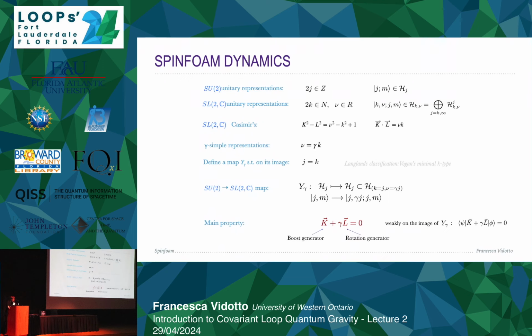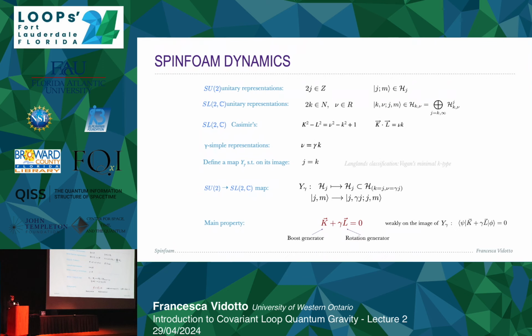And I can define a map that I call Y and is labeled by gamma. And what this map does is exactly to connect representations of SU2 and map them into representations of SL2C, where, as I said, when I work with these unitary irreducible representations, concretely, the kind of object I have is like a block diagonal matrix in which in each block I have a representation of SU2.